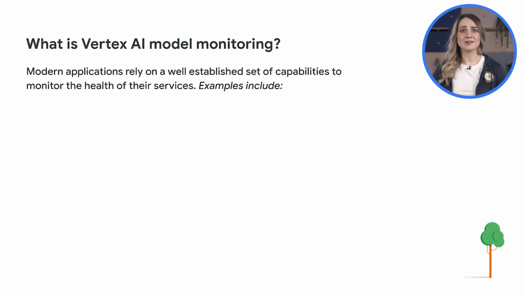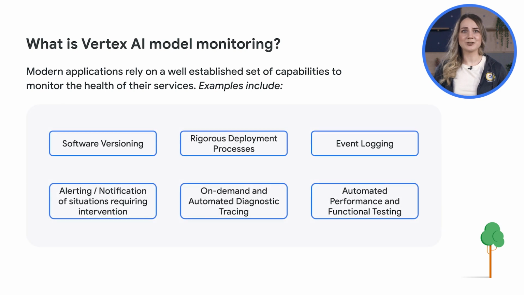Modern applications rely on a well-established set of capabilities to monitor the health of their services. Examples include software versioning, rigorous deployment processes, event logging, alert and notification of situations requiring intervention, on-demand and automated diagnostic tracing, automated performance and functional testing.